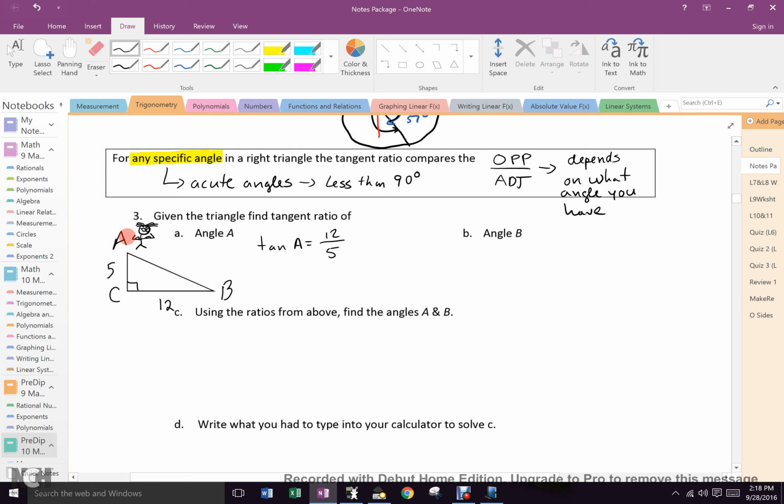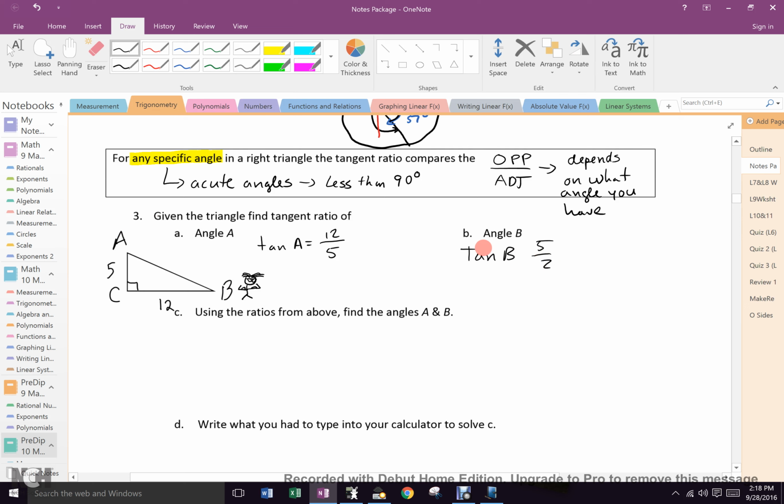What if I slide down the hypotenuse to B? Now what's the tan? 5 over 12.